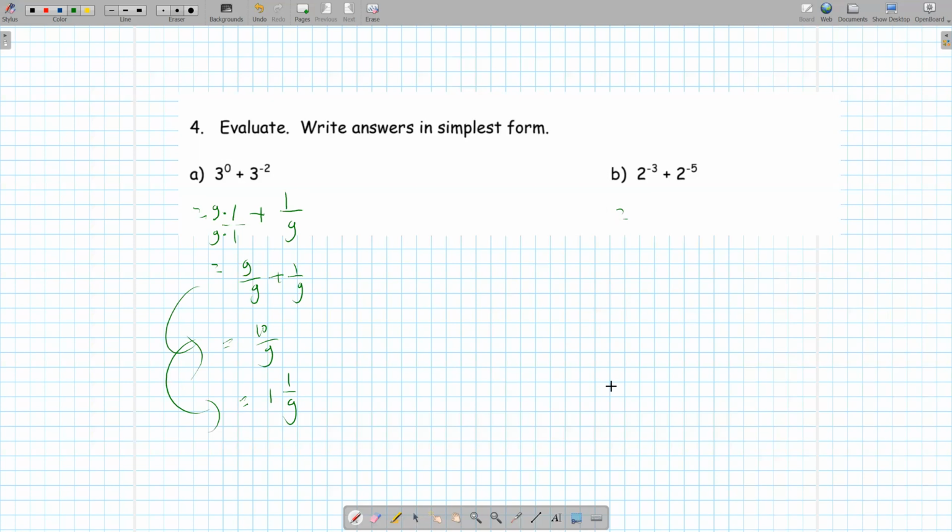B, what's 2 power -3? 1/8. Yeah, good. Similarly, 2 power -5 is going to be 1/32. Now, how do we add these two? What's the common denominator between 8 and 32?